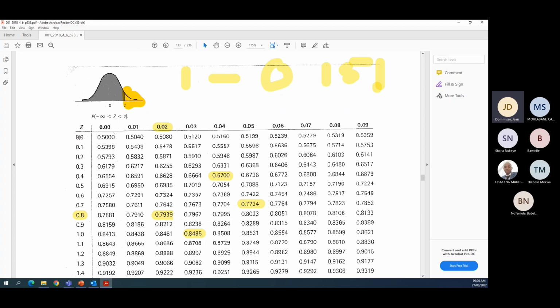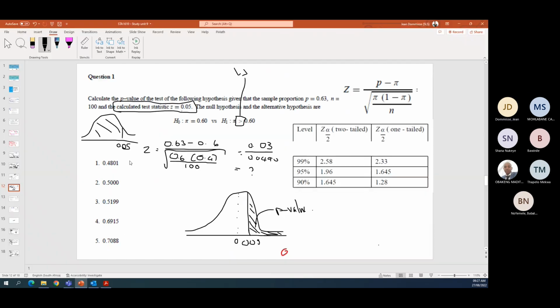So 0.05, so 0.005. So it's 0.5199. Okay, so 0.5199. You would see that that is one of the options.